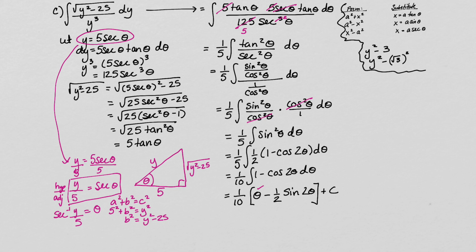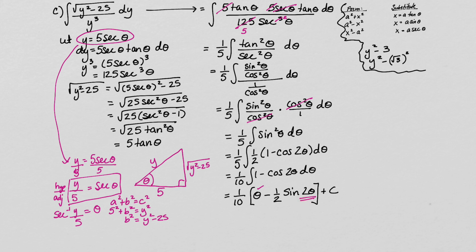The harder thing is that here I have a 2 theta, and my triangle is only in terms of theta. Going from theta to 2 theta is not just multiplying stuff by 2. I don't know the values for 2 theta.